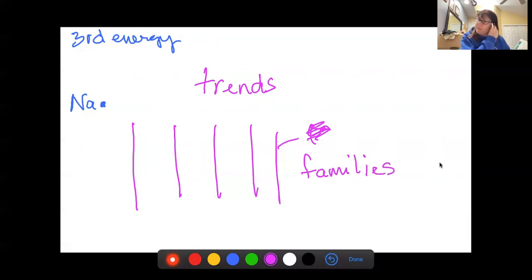We call them families because they behave the same, just like you look like your family members. Okay. So when we talk about it, it's because they have the same amount of valence electrons. So if you look at the first column in your periodic table, all of those are going to have one valence electron. All of column 2 is going to have 2.